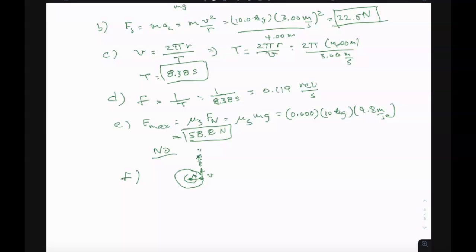So the path it will take will be along this line. It will not go in the opposite direction of the friction force, nor will it go inward in the direction of the friction force. And that concludes this question.